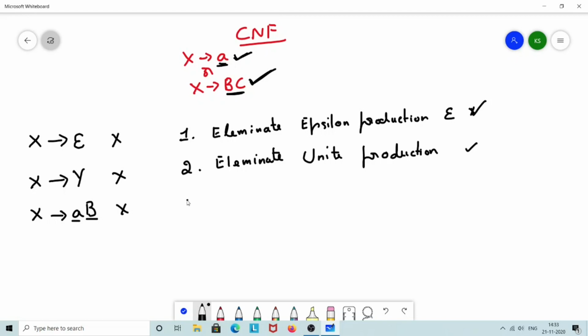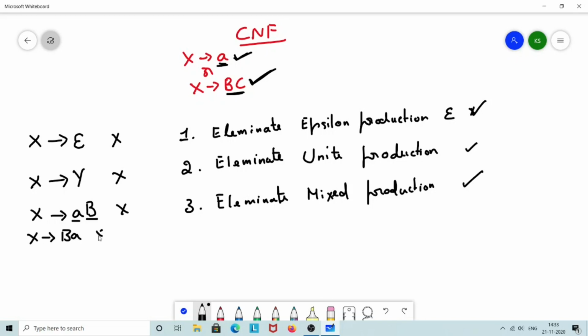So the third step we follow is to eliminate mixed production. This can be even in the form of X gives B a also, right? Such a mixture is totally not accepted as per the standard form of Chomsky's normal form.